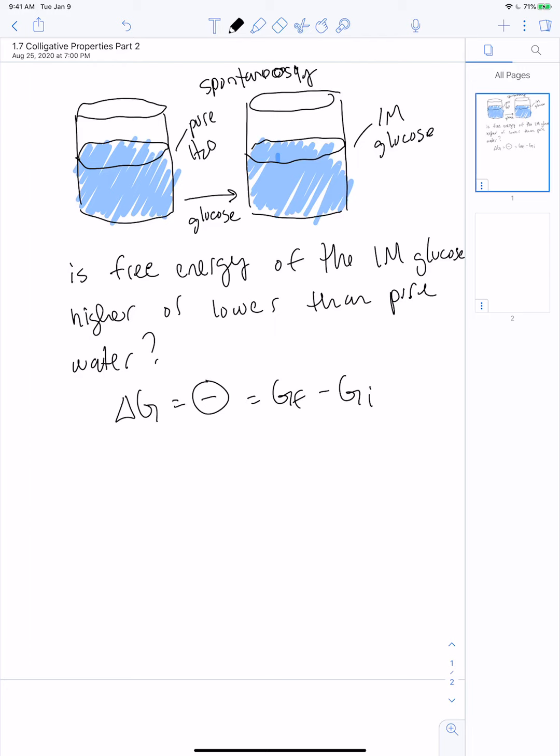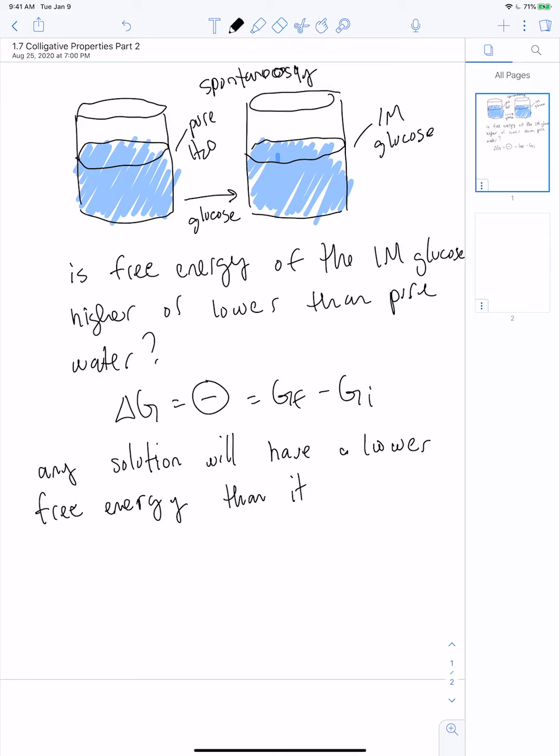If delta G is negative, then it necessarily means that whatever your final state is will have a lower free energy than whatever its initial state is. And so another way of stating this is that any solution will have a lower free energy than its pure solvent.